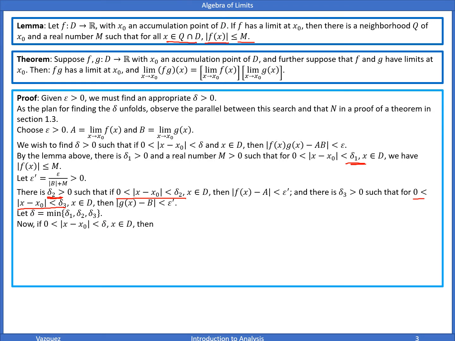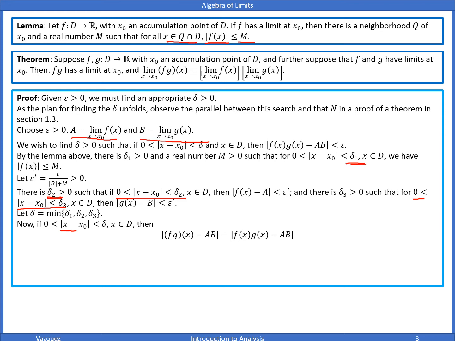Well, now, if delta is greater than the absolute value of x minus x naught, then the absolute value of the product f times g of x minus AB, and again, just a reminder, A and B are up here, the limits of f of x and g of x respectively, is just equal to f of x times g of x minus AB.